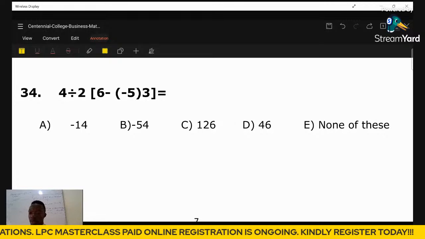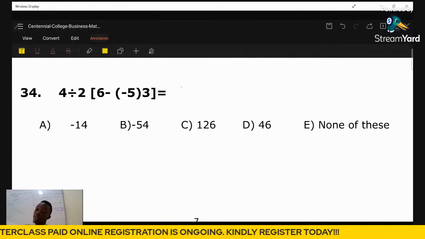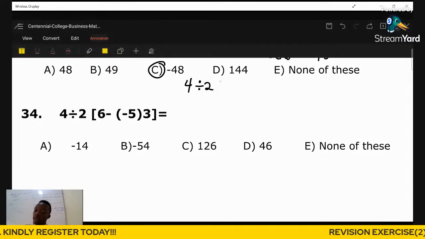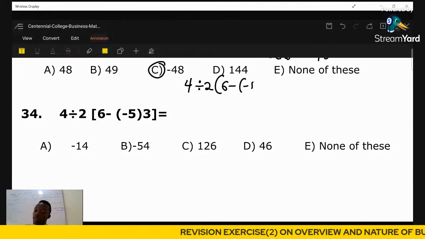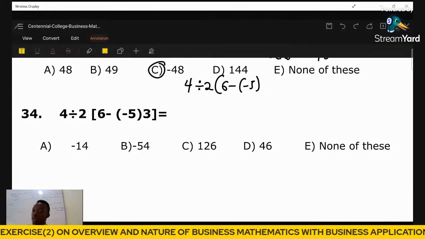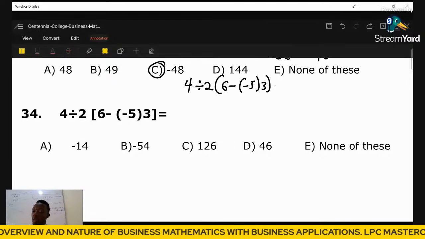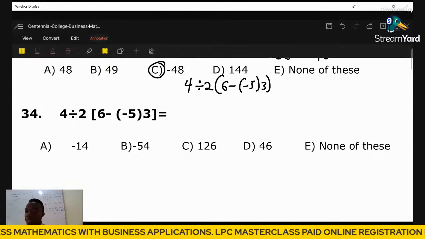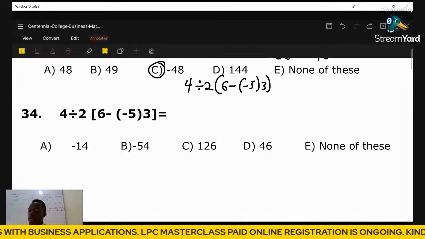Bracket first, that's the BODMAS approach. So we have 4 divided by 2, then we have a big bracket 6 minus 5 multiplying 3, bracket close. So let's deal with the inside item first, okay? First of all, we deal with the bracket first, right?